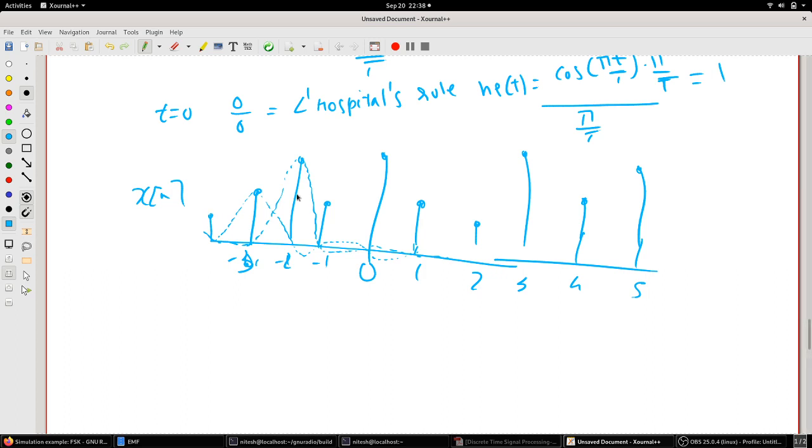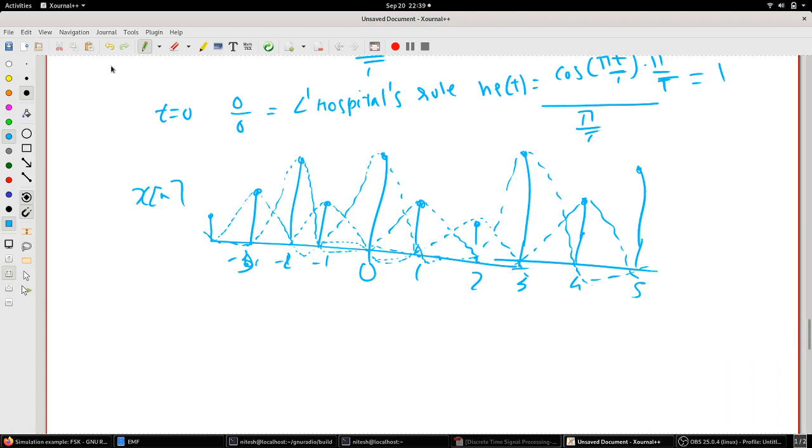So you are multiplying and adding these sinc functions, which have their peaks at these points.